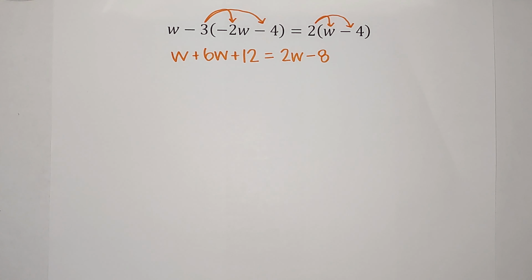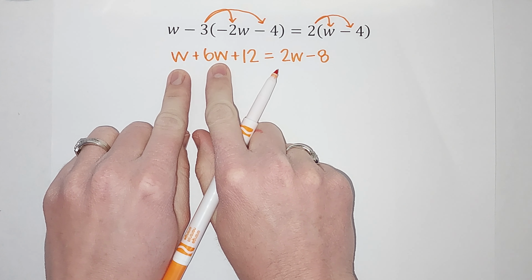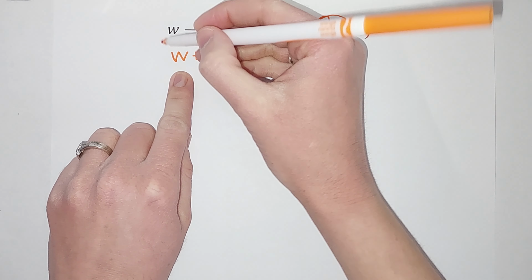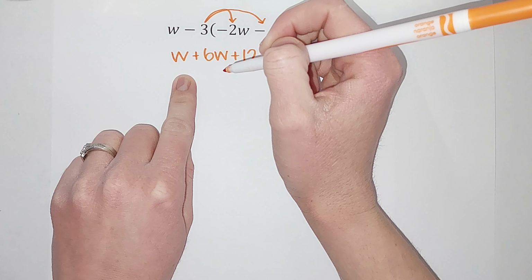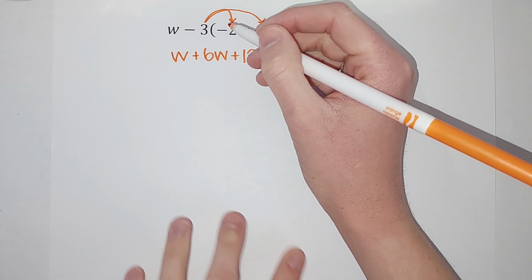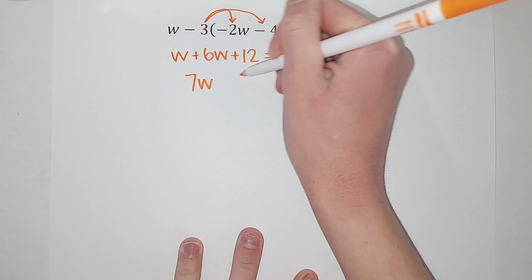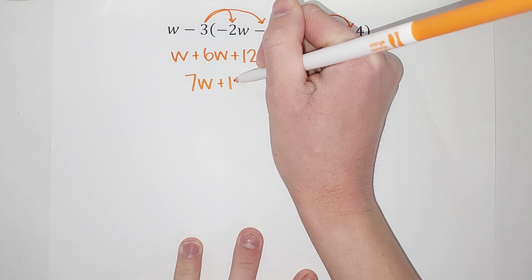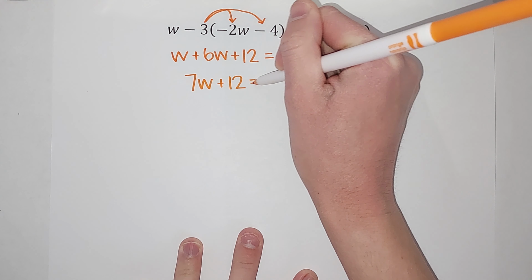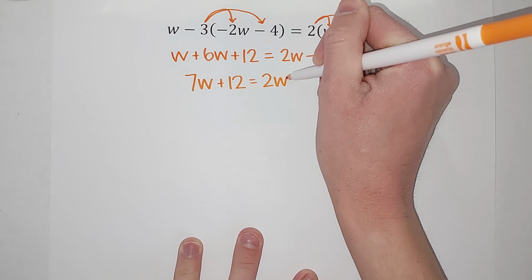So I'm going to see if there's anything that can just combine up front, which these guys can, right? We could write this as 1W, but we usually just write it as W. But 1W plus 6W is going to give me 7W, right? We still have the plus 12 equals, we've still got 2W minus 8 over here.